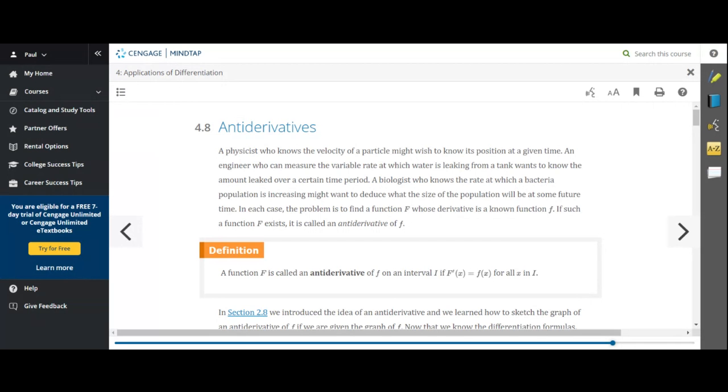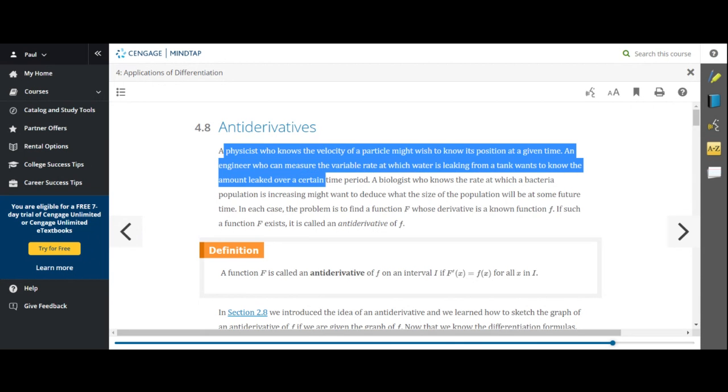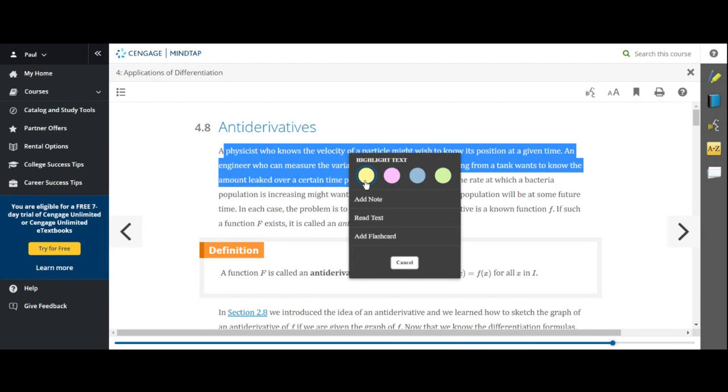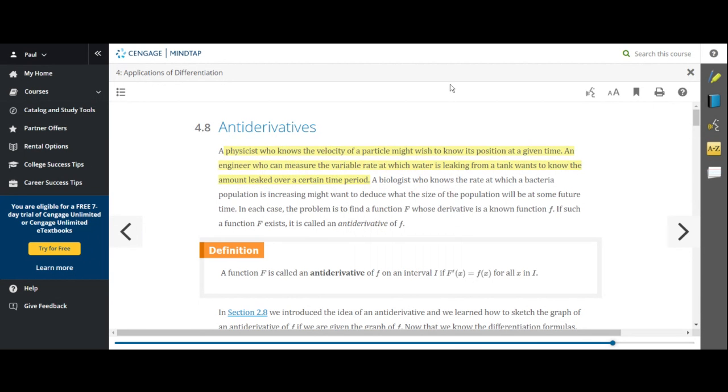Okay, so now we're in section 4.8, antiderivatives. And you've seen these a little bit. So what are these antiderivatives? Well, an example: a physicist who knows the velocity of a particle might wish to know its position at a given time.